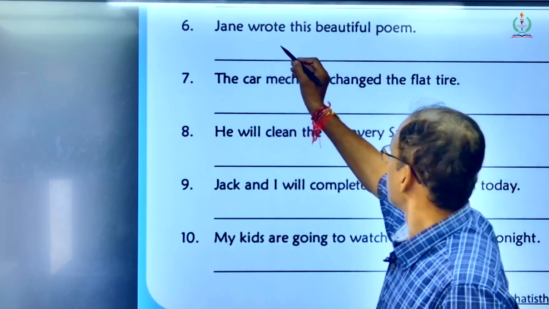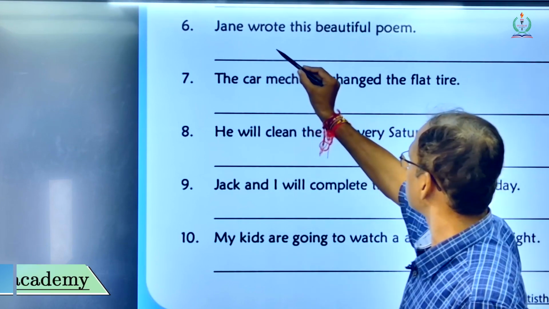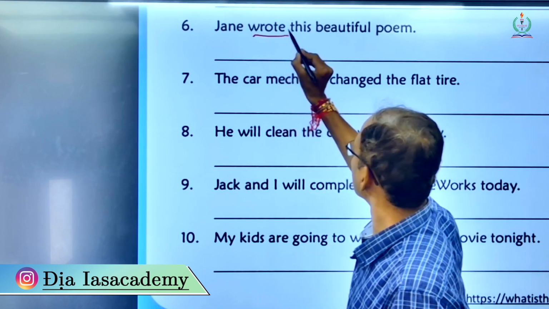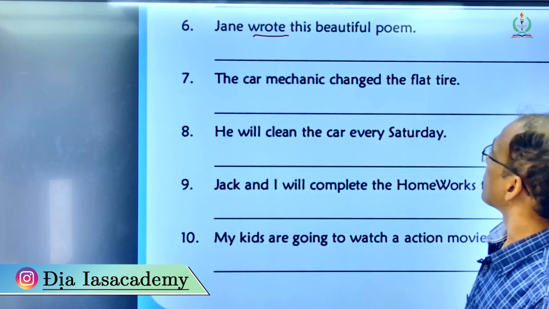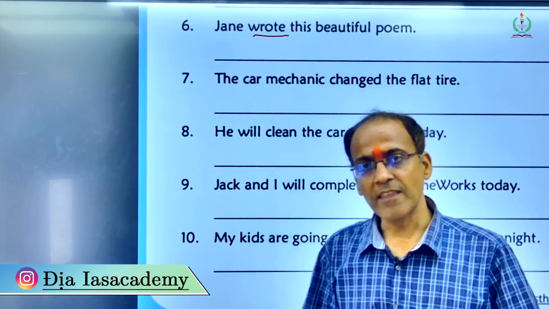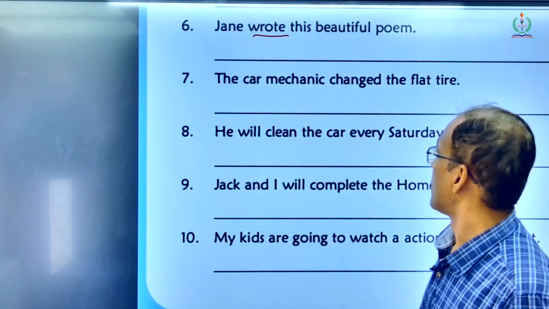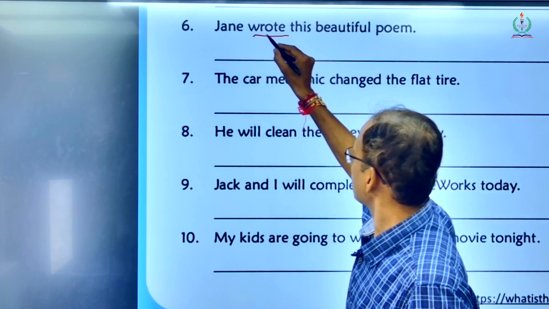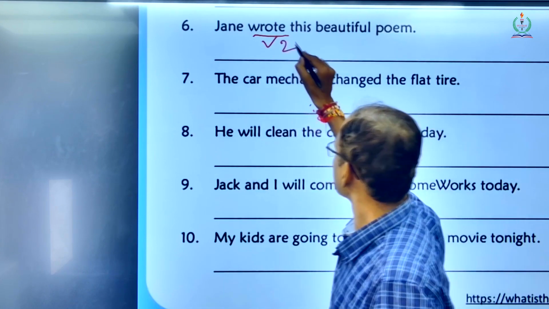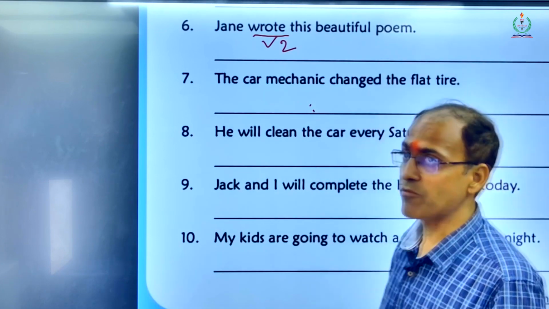The sentence says, Jane wrote this beautiful poem. Here the verb is in active voice, and we have to convert it into passive voice. Wrote is past tense, the V2 form of the verb. Now we have to convert this into passive voice.